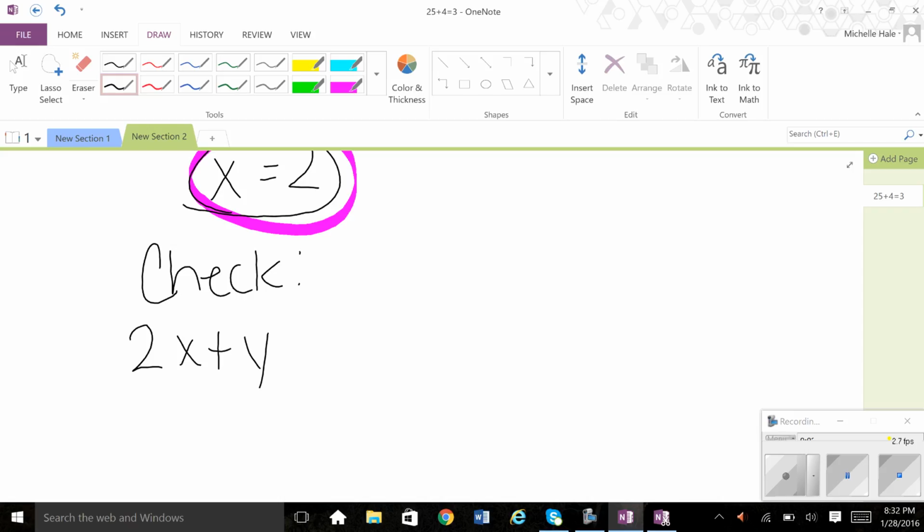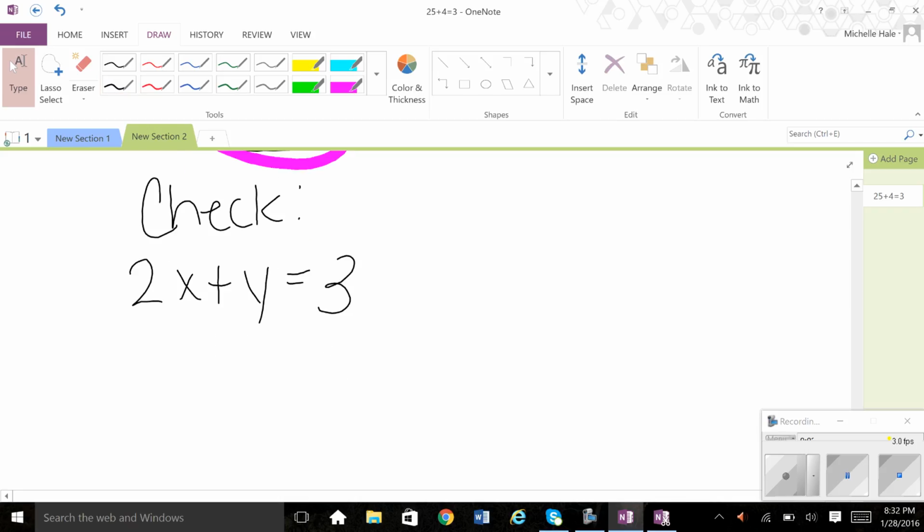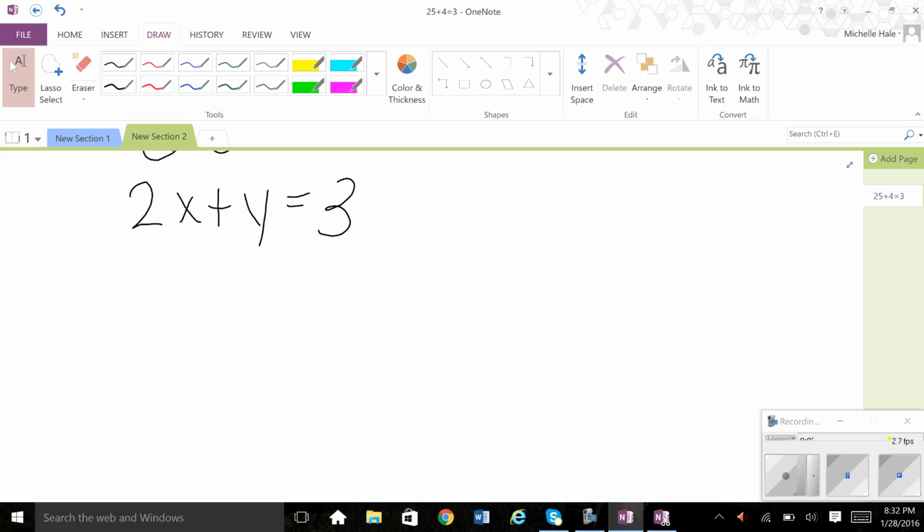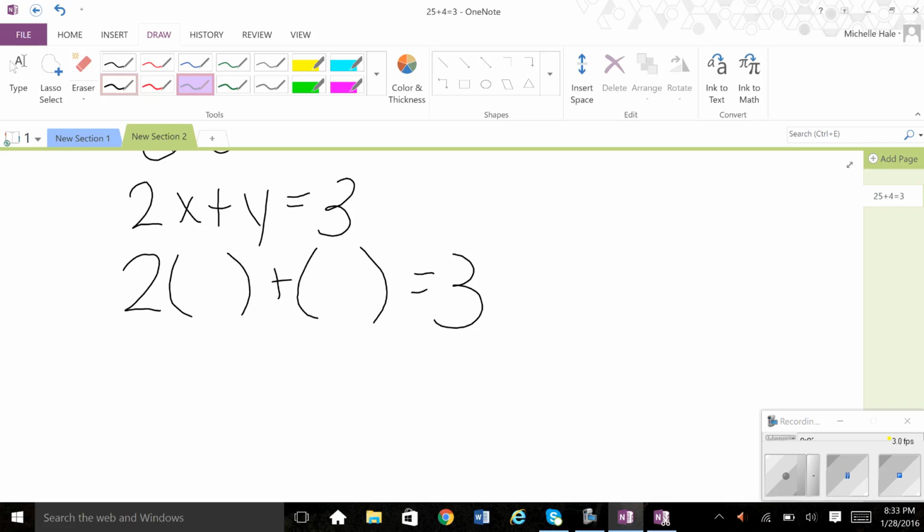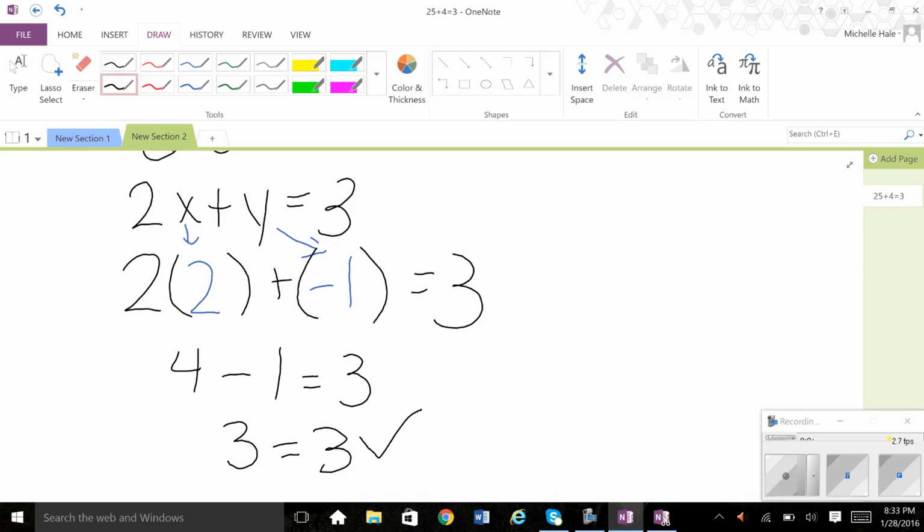Plug in 2 and negative 1 for your x and y. There's your x. There's your y. Keep everything else the same. And then distribute. You have a 4 minus 1 equals 3, which is true. 4 minus 1 does equal 3, so that checks out.